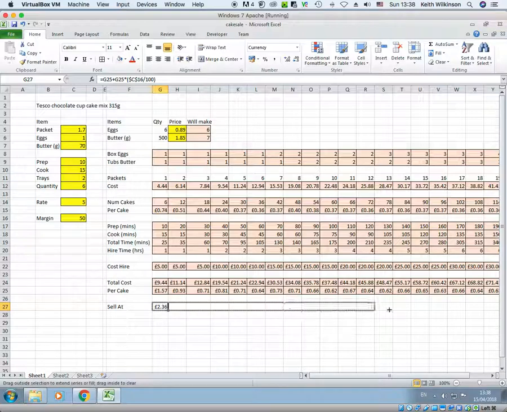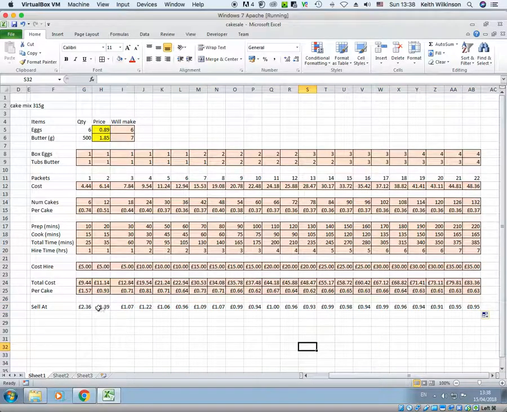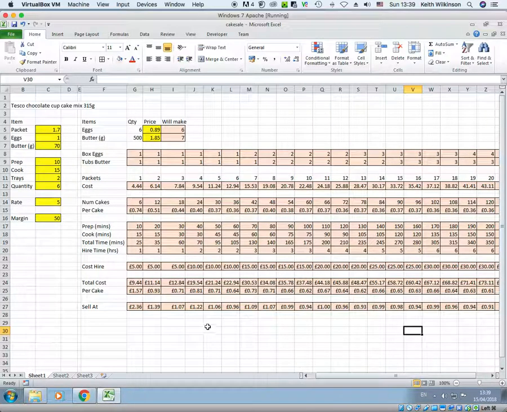So if I stretch that across, I can now see the difference in the values. Let me just use that format painter again to format all of that. So this is now giving me help to work out the price I need to sell my cakes at.